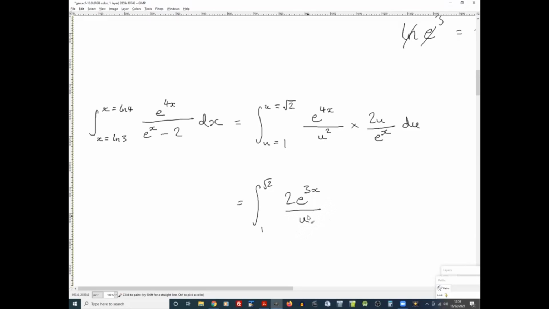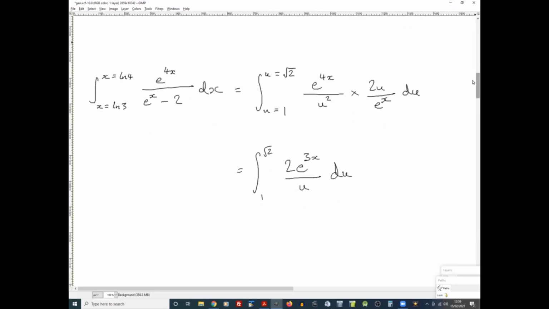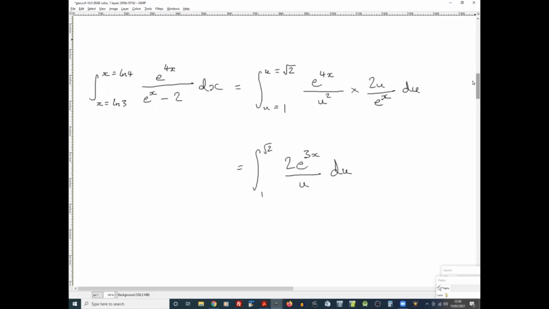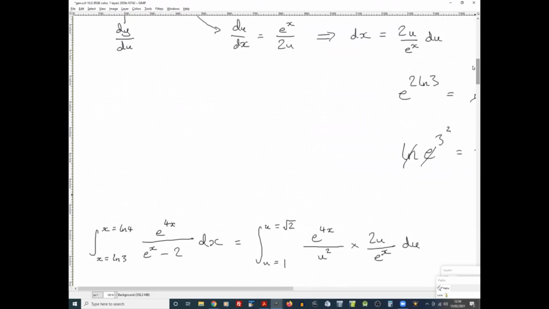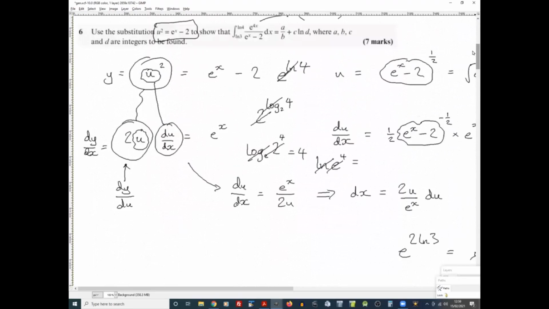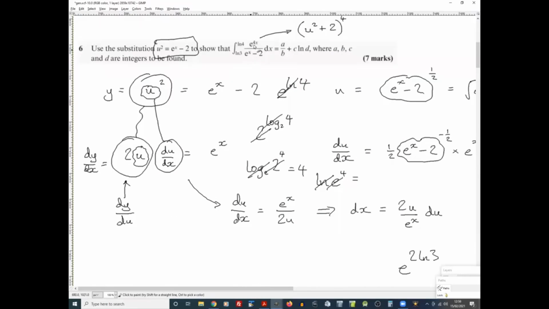Okay, I didn't realize we can just say over u times 2. Then times 2, good. Du. And now what? Well, the e to the 3x will just become u squared plus 2 to the 3. Yes.